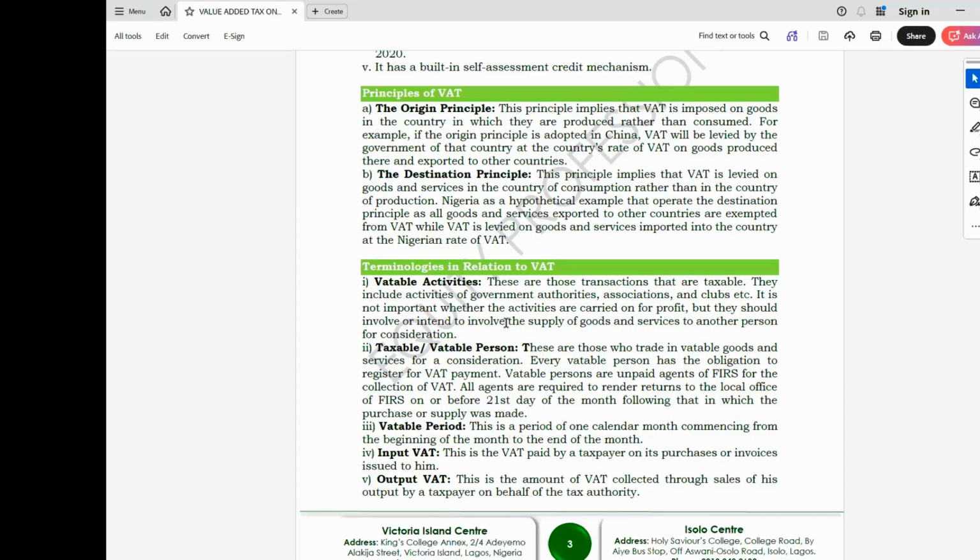It should involve a supply of goods and services to another person. So any transaction that is liable to value-added tax is regarded as a vatable activity. Then we have the second one, which is taxable or vatable person.